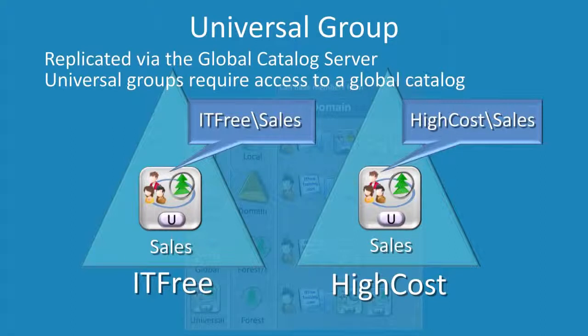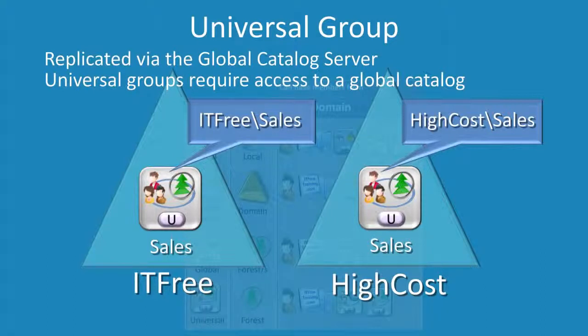You should also consider, before using a universal group, that since group membership is held on the global catalog server, changes to the group will be replicated with the global catalog server replication. If your universal group membership changes a lot, this means more replication between global catalog servers in the forest.